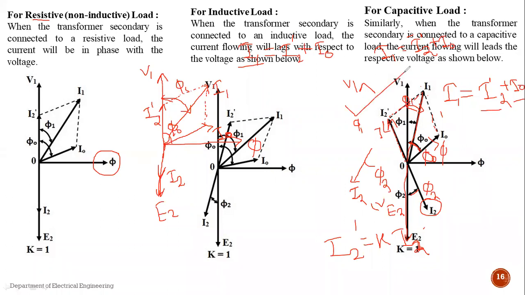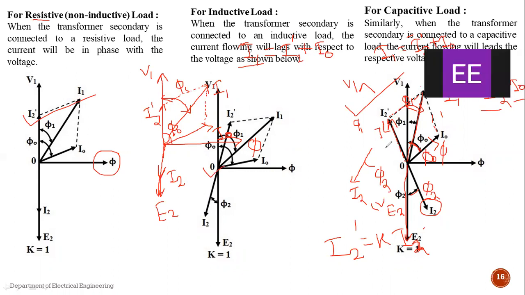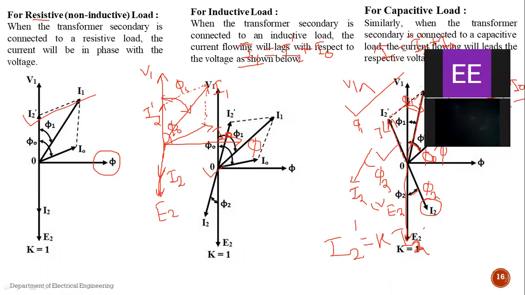Okay, so see, for resistive load, inductive load, and capacitive load, the nature of the characteristics depends upon which type of load is connected on the secondary of the transformer. If a resistive load is connected, the phasor diagram will be like this. If an inductive load is connected, the phasor diagram will be like this, and if a capacitive load is there, the phasor diagram will be like this.